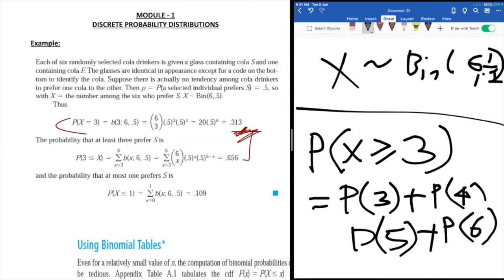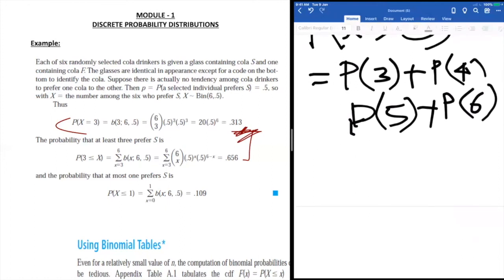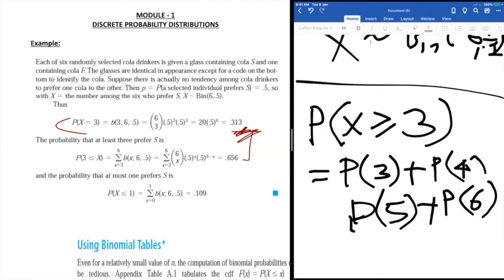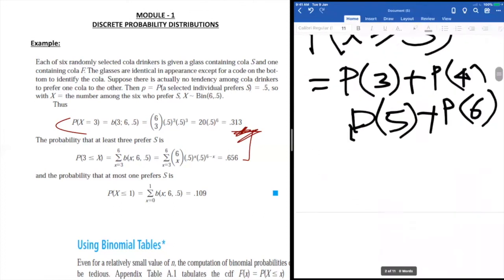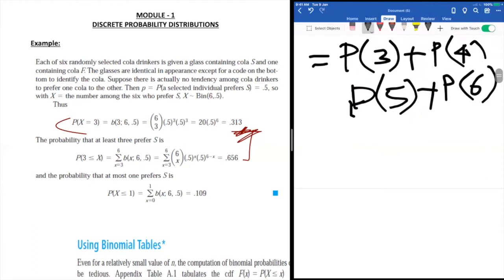Or simply, the probability that the random variable X takes the value 3, plus the probability that X takes the value 4, plus 5, plus 6.